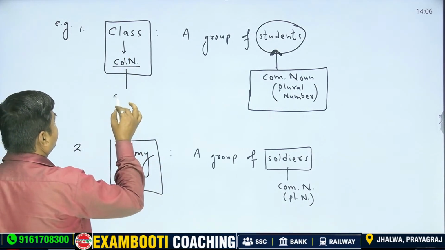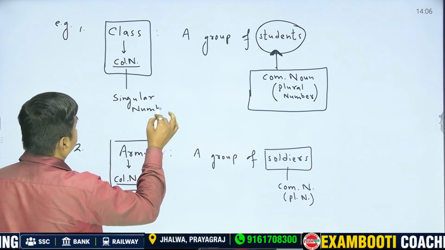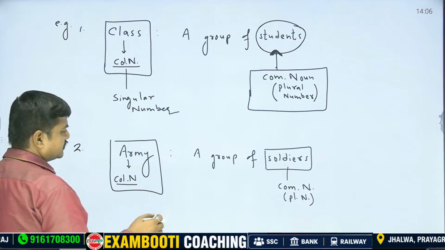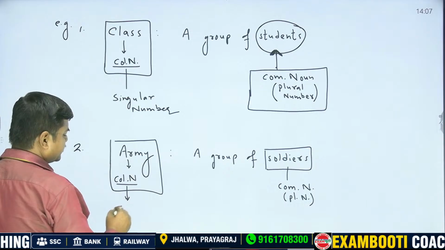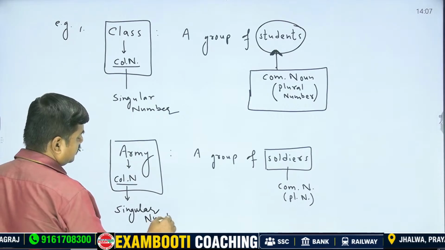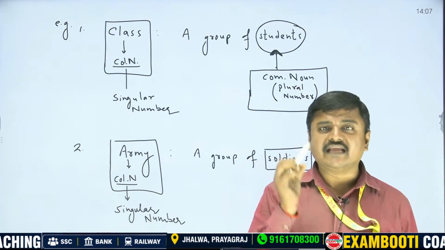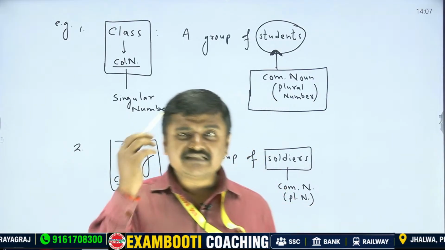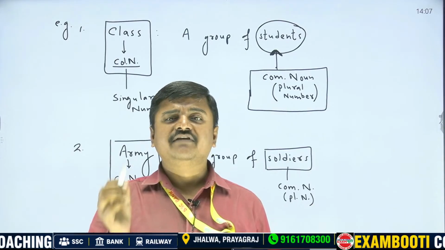Class is a collective noun, and in number it is singular. Similarly, army is a group of soldiers. Here, army is a collective noun, but in number it is singular. Almost 99% of collective nouns are singular. There are only a few that are always used as plural number collective nouns.